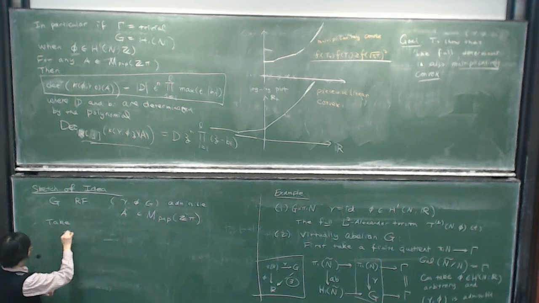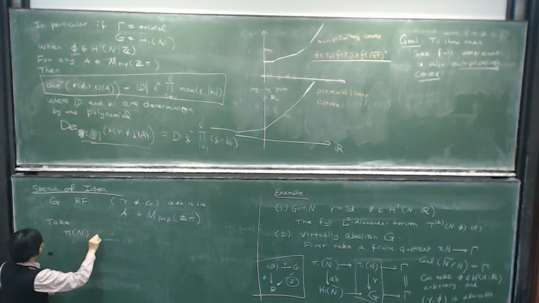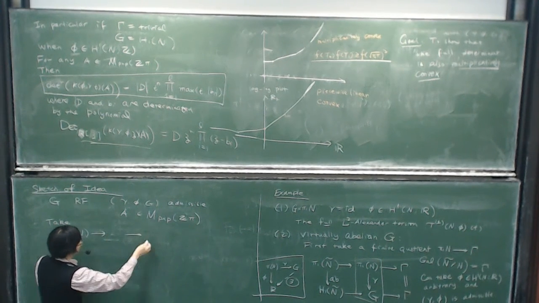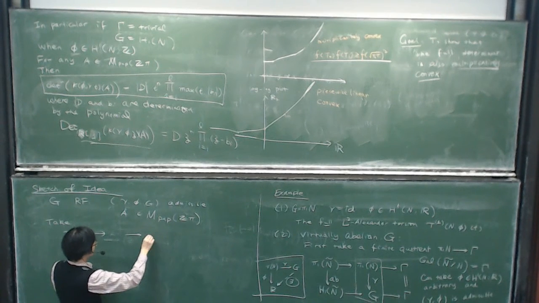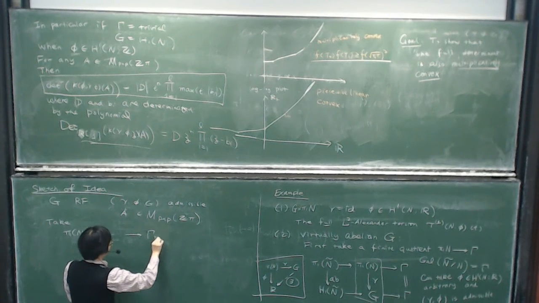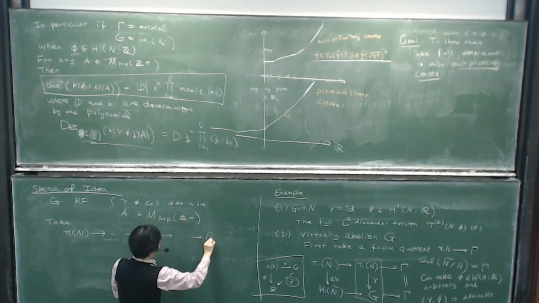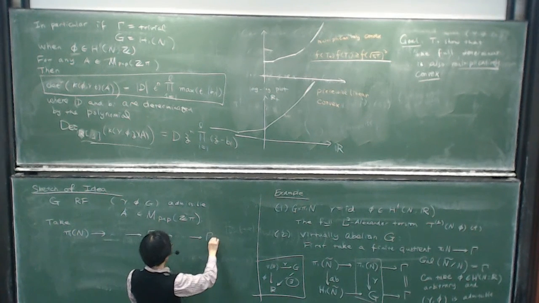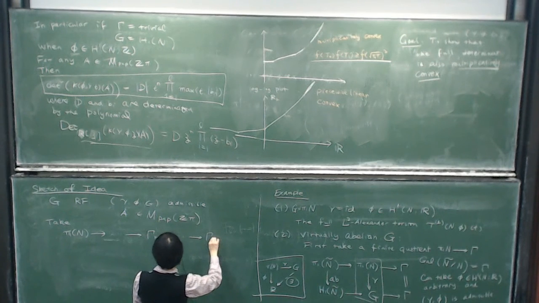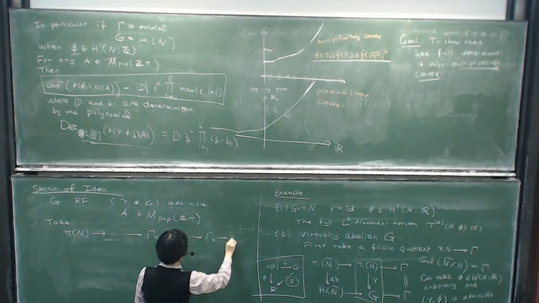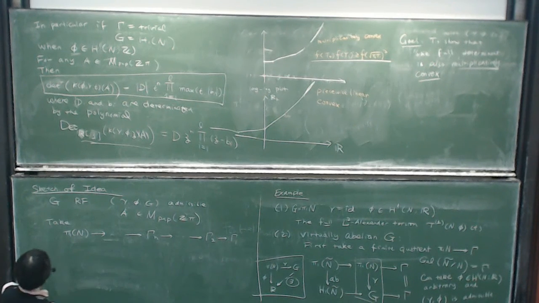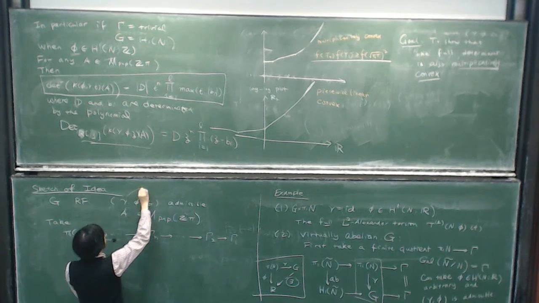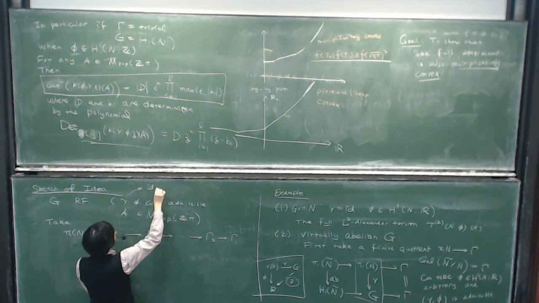So basically you want to take pi 1 of n and take a sequence of, so this thing here is the identity.